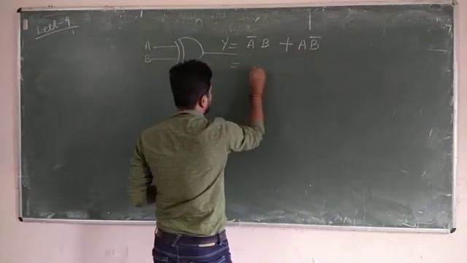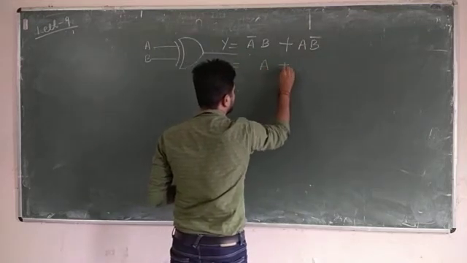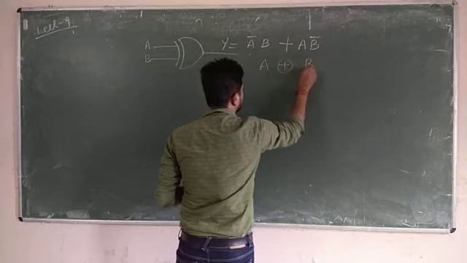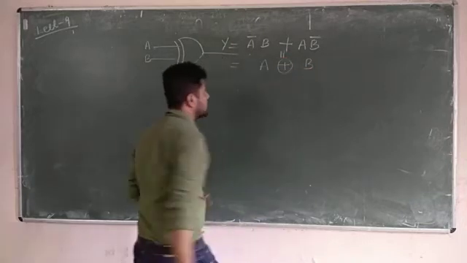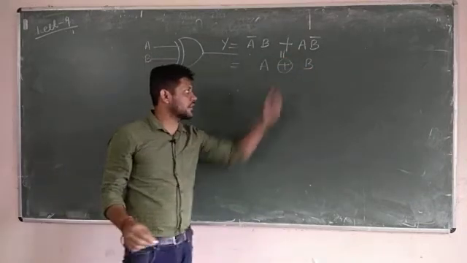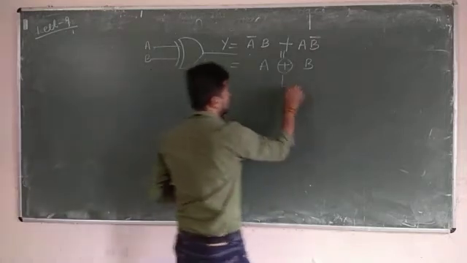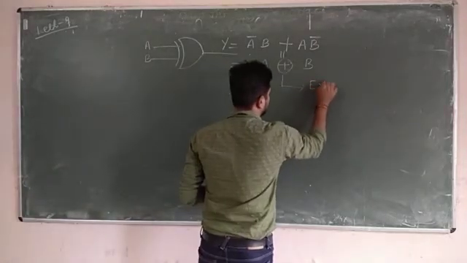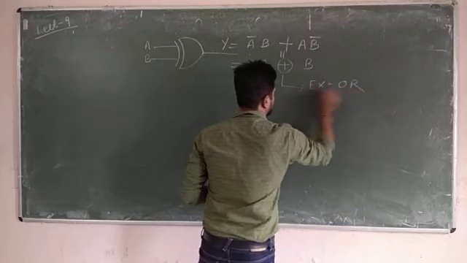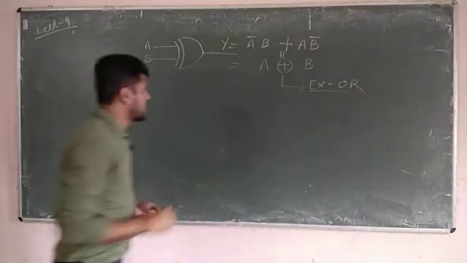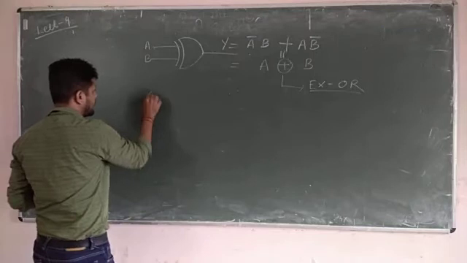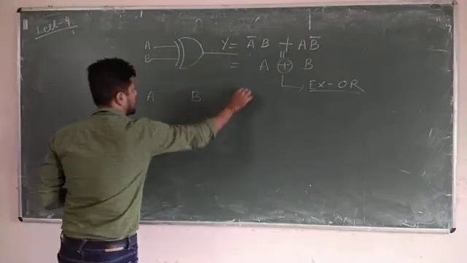And how do you denote it? This is the notation for the XOR gate, A XOR B. This is the symbol for the exclusive OR. Then I have drawn the truth table, that is A B Y.